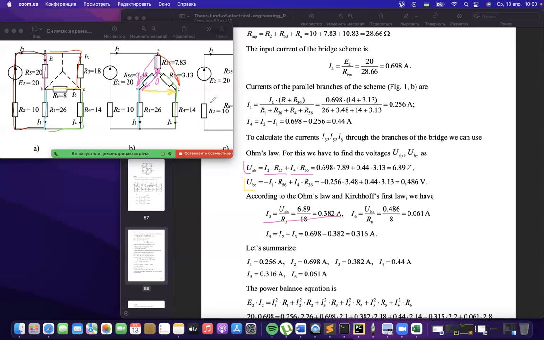Then doing the same, voltage BC from voltage OB with negative sign because of opposite direction, and voltage OC.